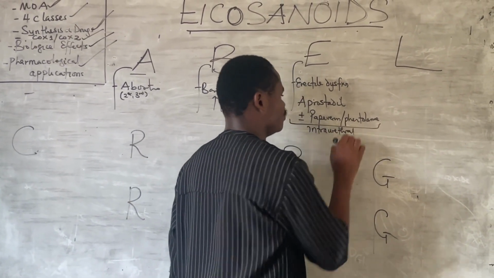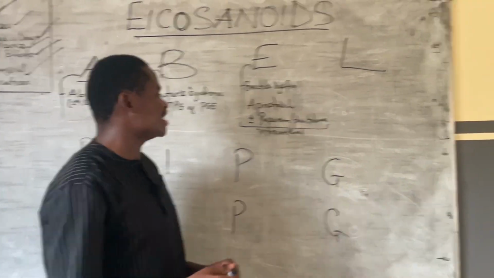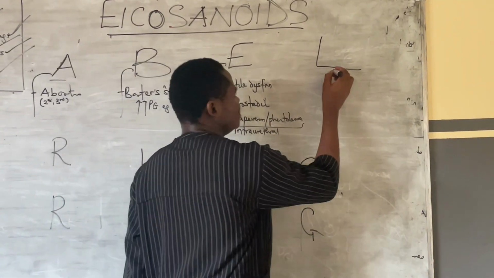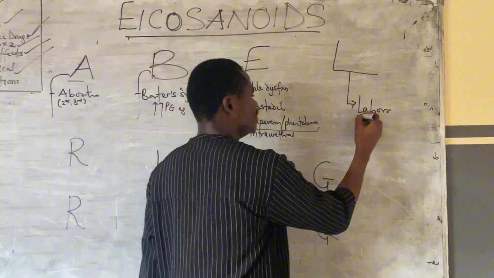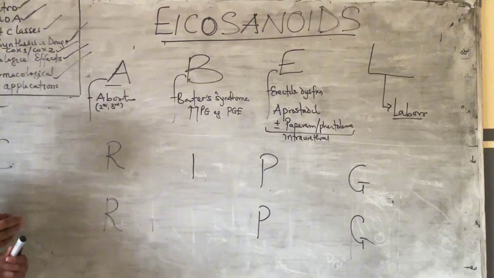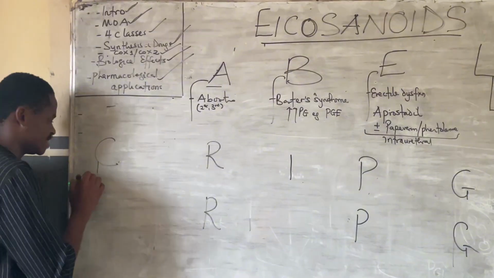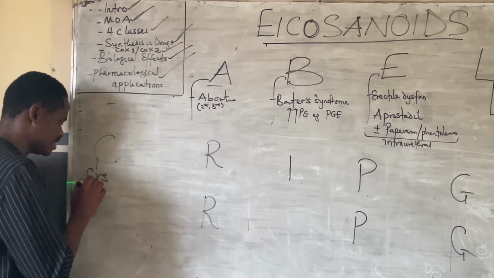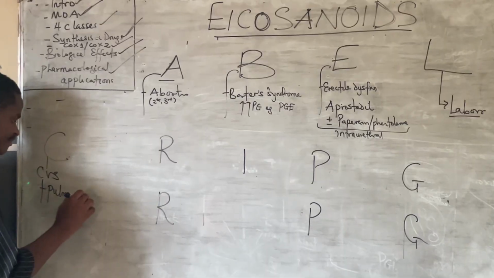That means at the tip of the penis, where we normally would have passed a catheter, we insert the drug there. Then for L here, for labor. Okay? Remember, there are drugs also that can be made to act on the uterus to cause uterine contraction and cervical ripening. Now, CVS here, it has been used to treat conditions like pulmonary hypertension.